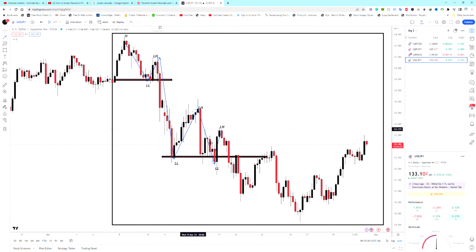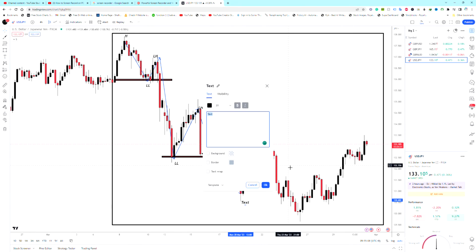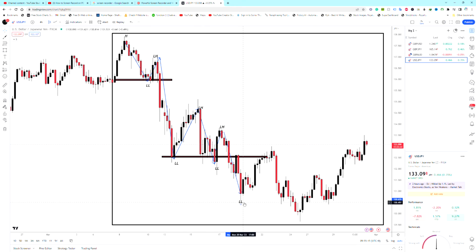And then it pushes up. So you could do this up until the point that the market actually breaks that lower high. So right here we're going to see lower low, right? And then what's next? From here we can see that the market pushed back here.